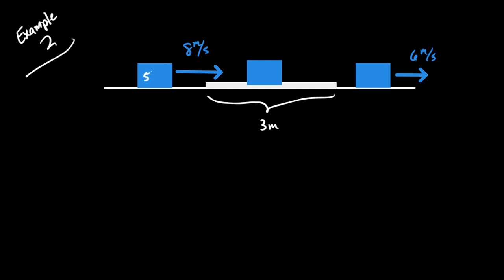Box has a mass of 5 kilograms like before. What is the coefficient of friction acting on the box?